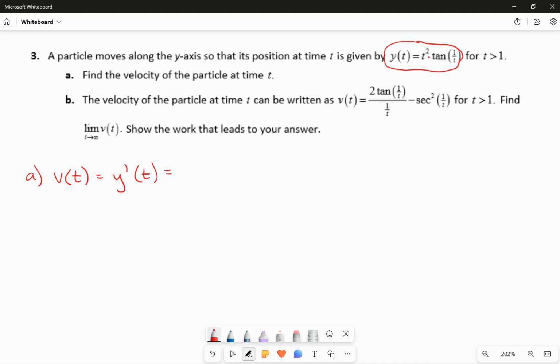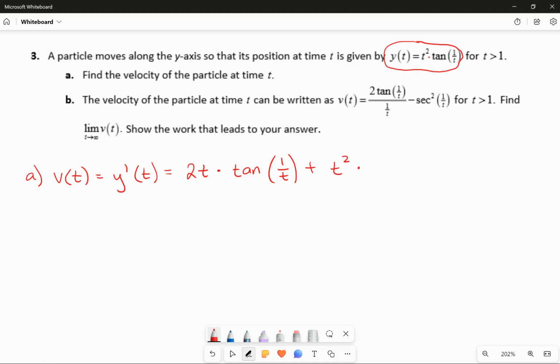The derivative of the first function, t squared, would be 2t, times keep the second function exactly the same. I like to put that dot for times just to break up the 2t from the tangent. So it's the derivative of the first times the second, plus the first, t squared, times the derivative of the second. The second function involves chain rule because you have a composition of functions.